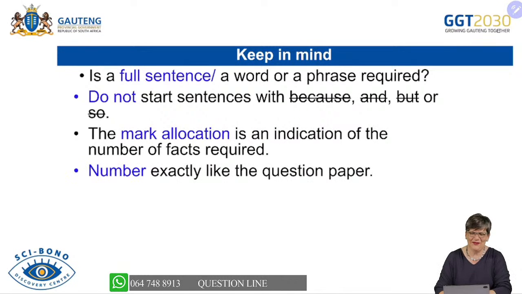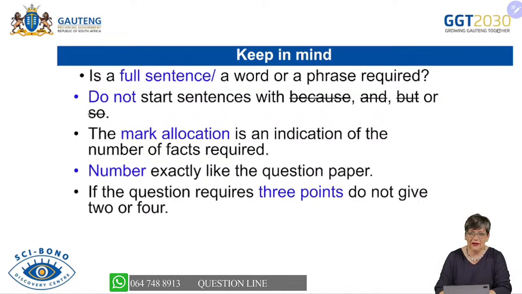And I know the next one sounds obvious, but you'd be surprised. When we're stressing and when you're writing an exam, you might number incorrectly. So make sure you number exactly like the question paper. As I said, if a question requires 3 marks, then you have to write 3 points.